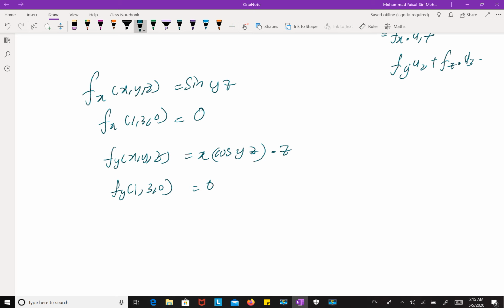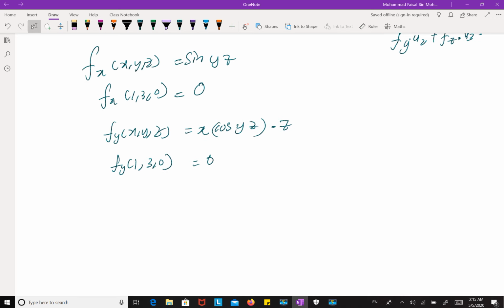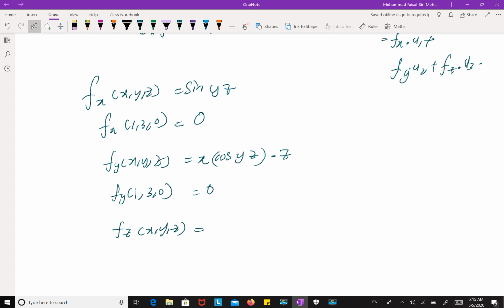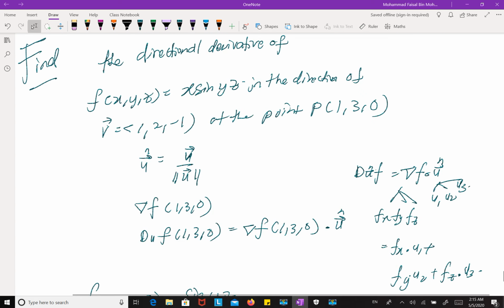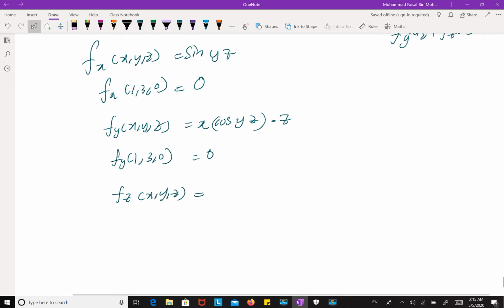Then fz(x,y,z), from the f, x sine yz, you will get x cos yz times y.